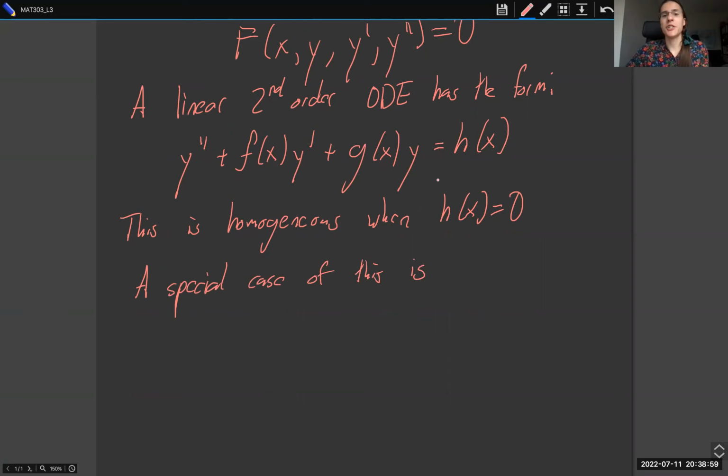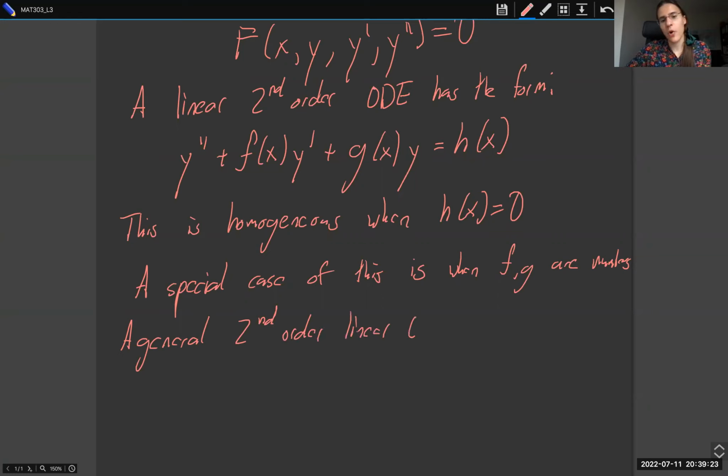Now, a special case of this is when f and g are constants, when they're just numbers. A general second order linear ODE with constant coefficients has the form a y prime prime plus b y prime plus c y equals h of x, for a, b, c numbers.